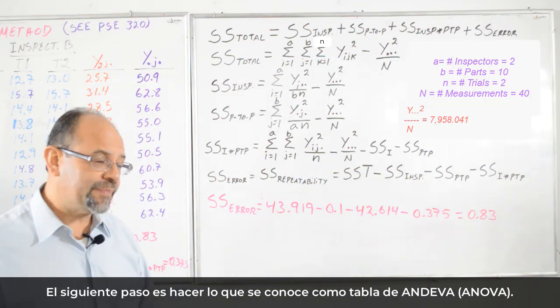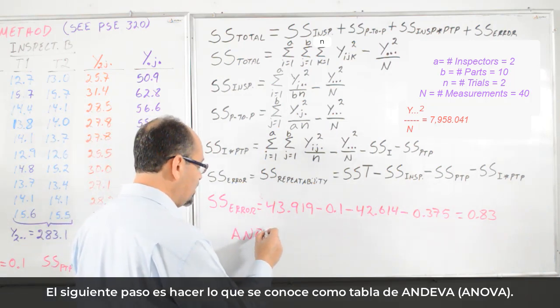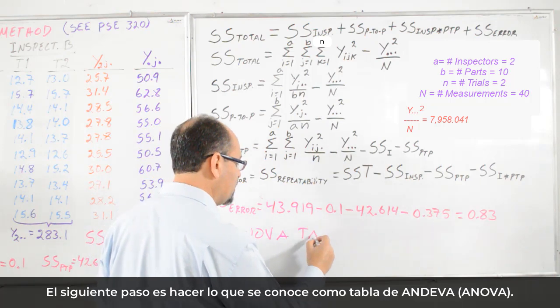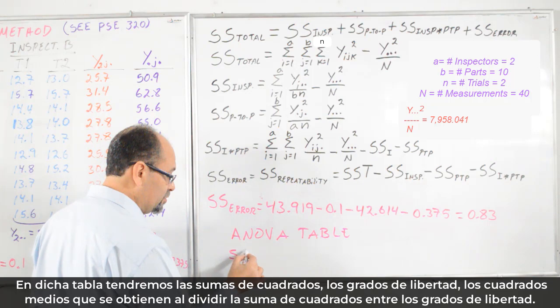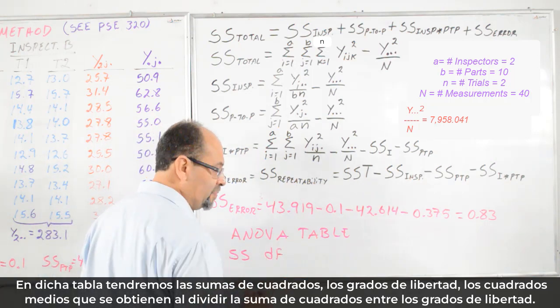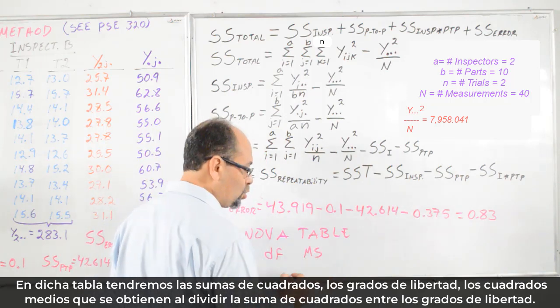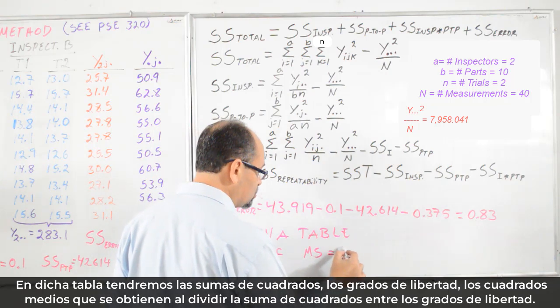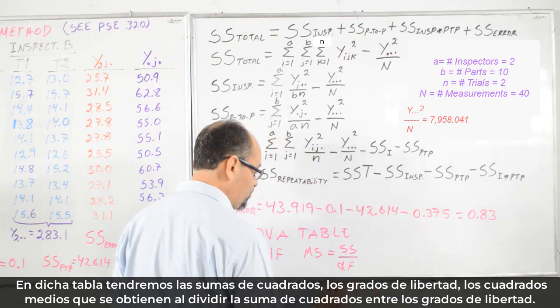The next step is to do what is known as ANOVA table. And in the ANOVA table, I will have the sum of squares, I will have the degrees of freedom, and I will be getting the means of squares. And the mean of squares will be the sum of squares divided by the degrees of freedom.